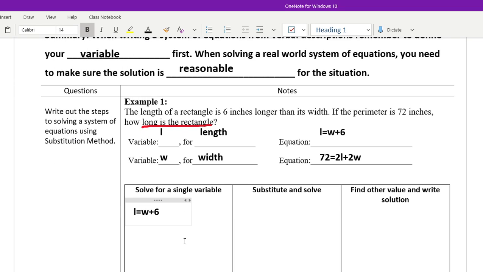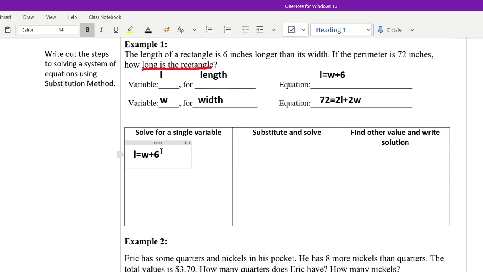So if we choose this one, we're already finished with the first column. We can move over to the next one. The next column, we want to substitute in the expression from the first column into our other equation.